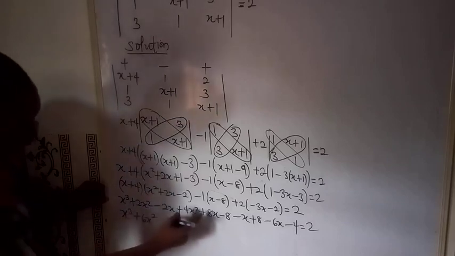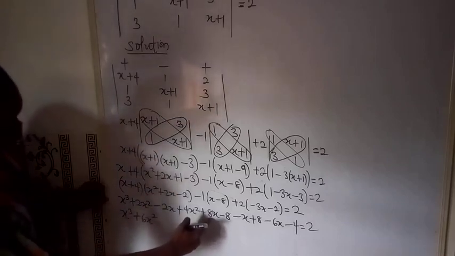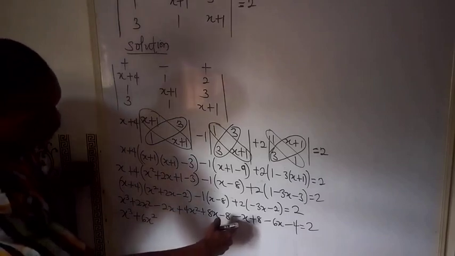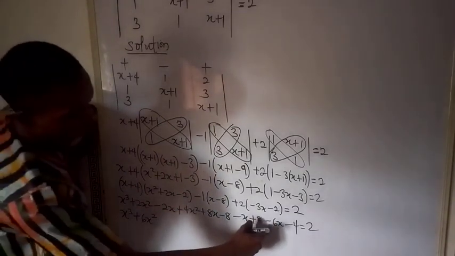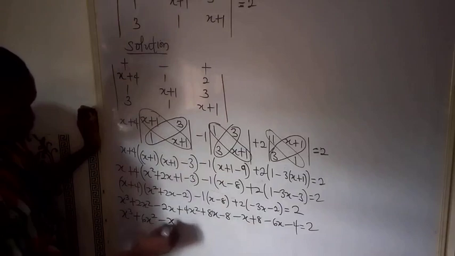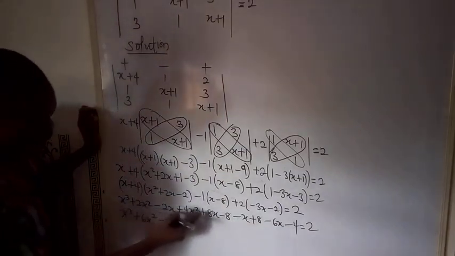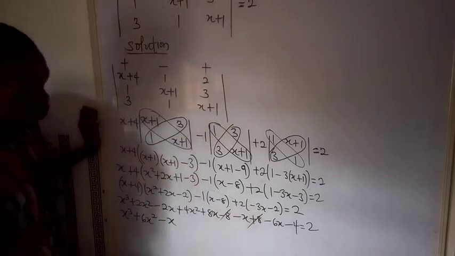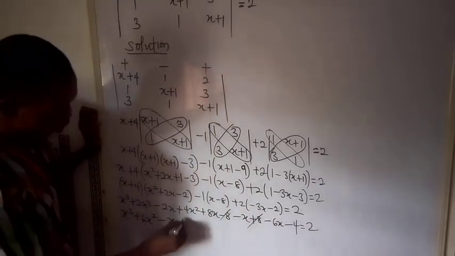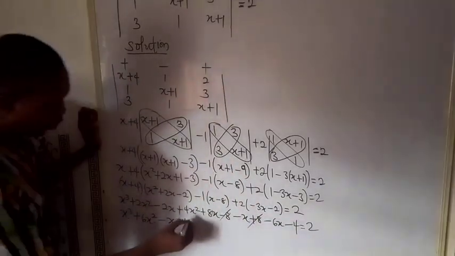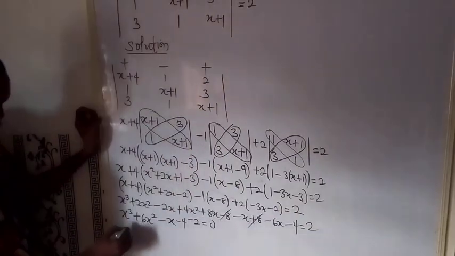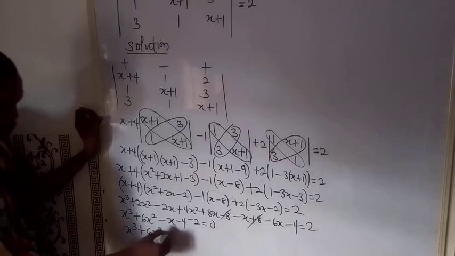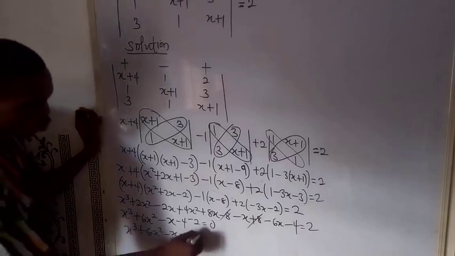Minus 2x plus 8x, that's 6x. 6x minus x, that's 5x. 5x minus 6x, that's minus x. Then for the constant term, minus 8 plus 8, this one cancels this one. Then you have minus 4. Then bring this 2 back here, that is minus 2 equals 0. So you're going to have x raised to power 3 plus 6x squared minus x minus 6 equals 0.